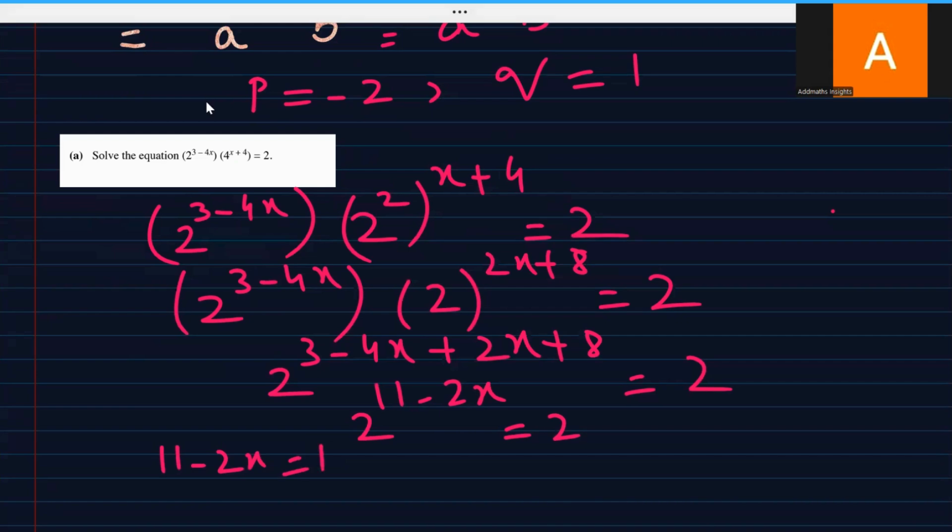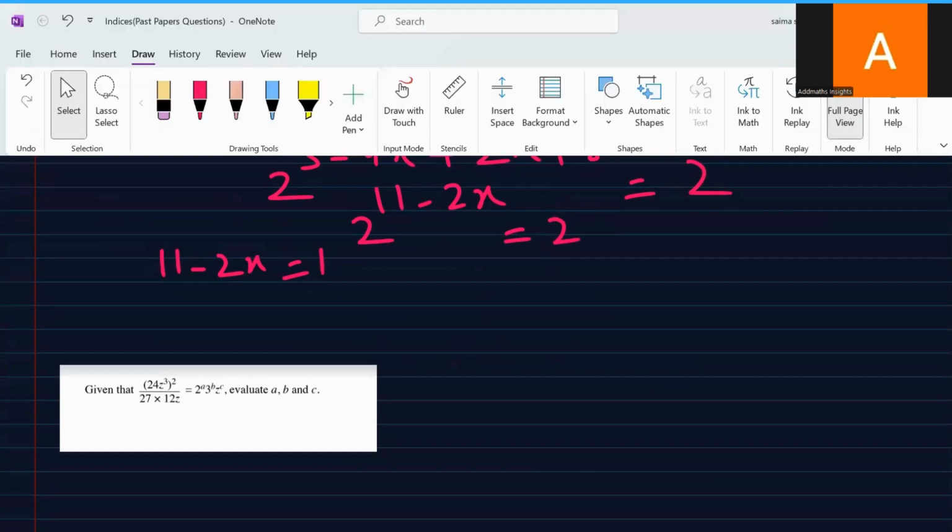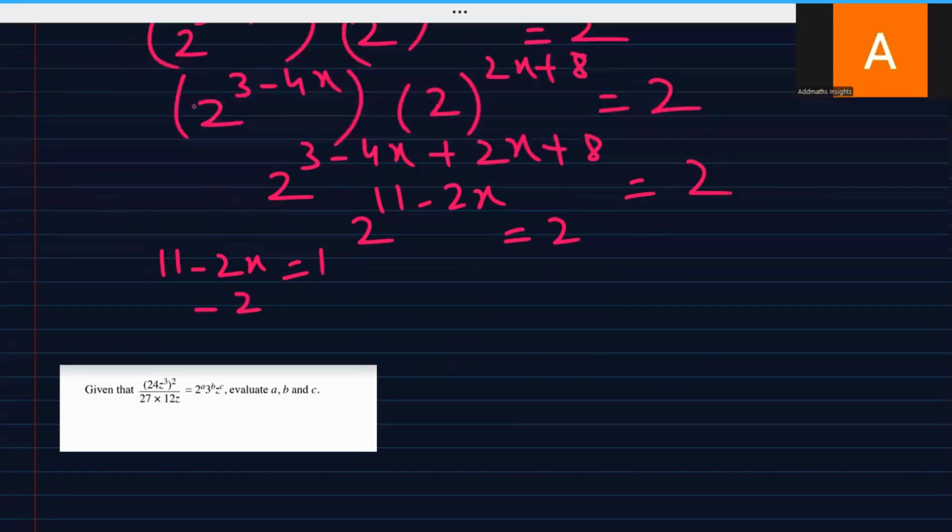And when you simplify it, you get minus 2x is 1 minus 11, which is minus 10. And so x is 5. So this is how you can solve this equation.